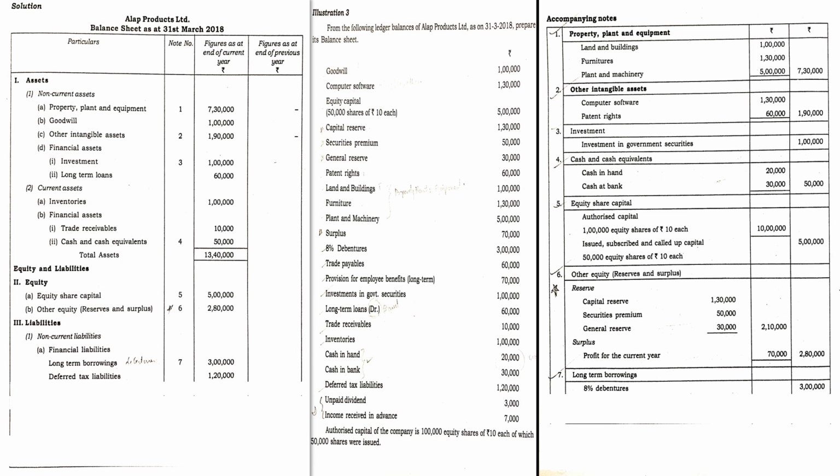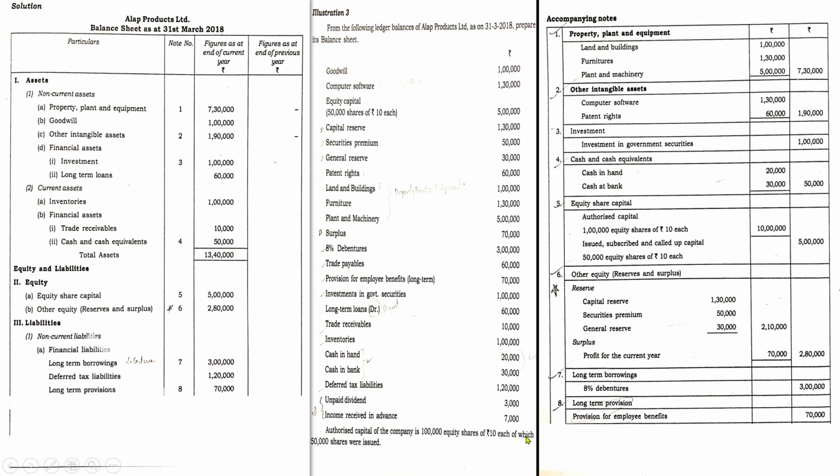And next one, provisions. We have to show provision separately because there is only one item, provision for employee benefit, that comes under the provision. So let us show it separately. Long-term provisions, provision for employees benefit 70,000. And we have recorded all the long-term liabilities, or we can say non-current liabilities or fixed liabilities.